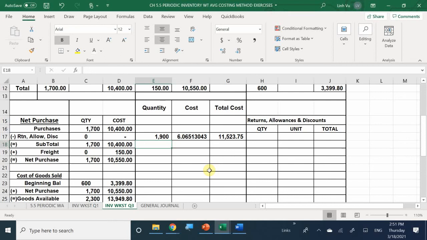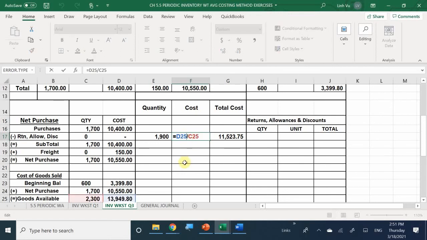I was going to ask if you could show me the formula in F17 again. I'm sorry, F7. Oh, that's to find the average cost per item? Yeah, I did it, and I was trying to figure out what I did wrong. Okay.